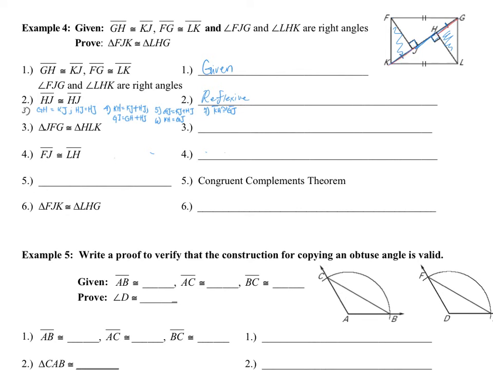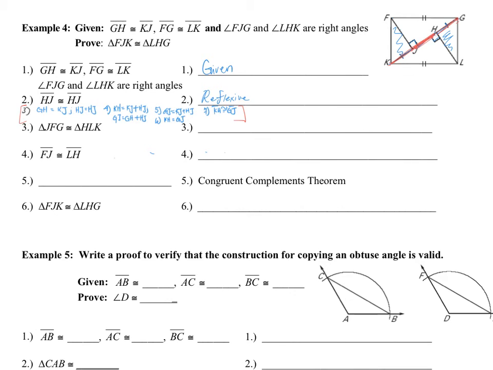And it is pretty much implied that if GH and KJ are congruent to each other, and HJ is congruent to HJ, then GJ would definitely be congruent to KH. So here I added these steps in here.